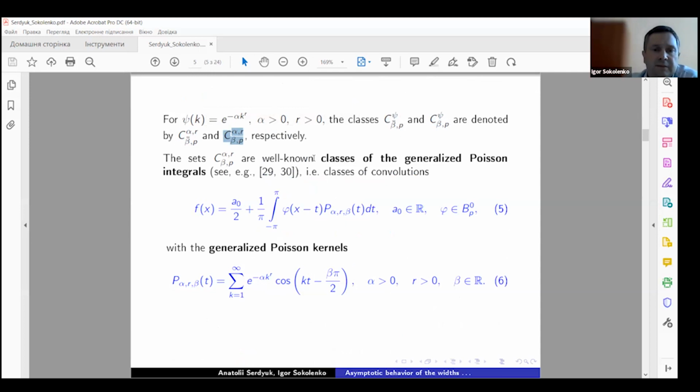The sets C^{alpha,r}_{beta,p} are the well-known classes of generalized Poisson integrals, that is, classes of convolutions of form 5 with generalized Poisson kernels of form 6.